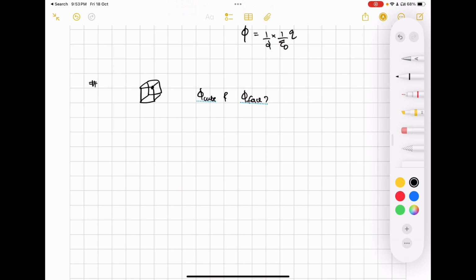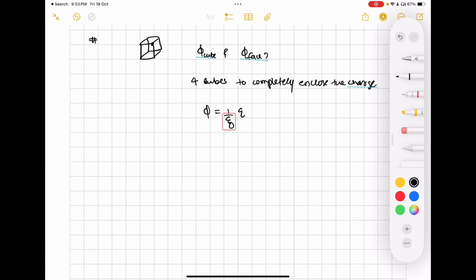To completely enclose this charge, we need four cubes: one cube this side, one cube this side, one cube on the top, and one cube at this point. If we enclose the charge completely by adding more cubes, the flux will be 1 by epsilon 0 times q net.